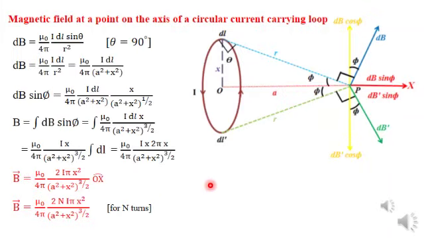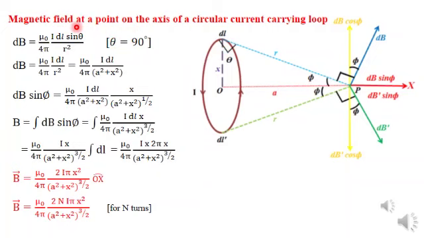Then, according to Biot-Savart law, the magnetic field at a point P due to the current element dl is dB equals mu 0 by 4 pi I dl sin theta divided by r square. As we told before, theta equals 90 degrees.